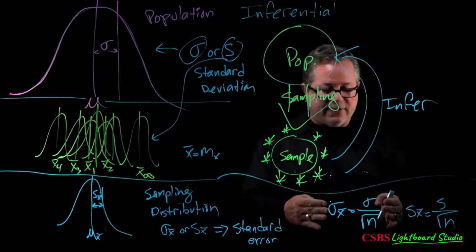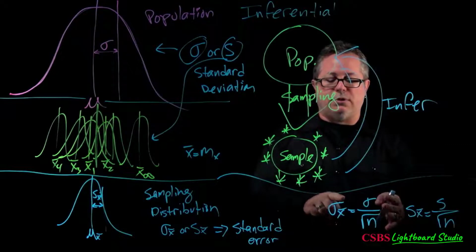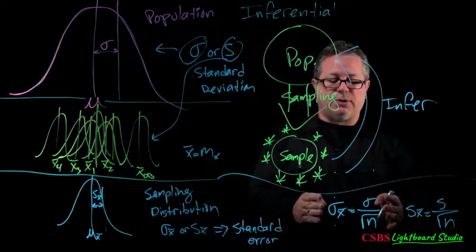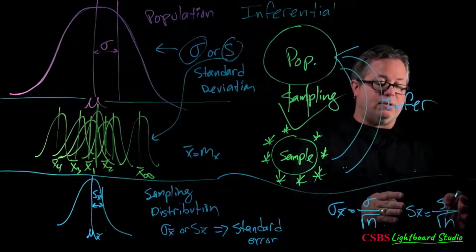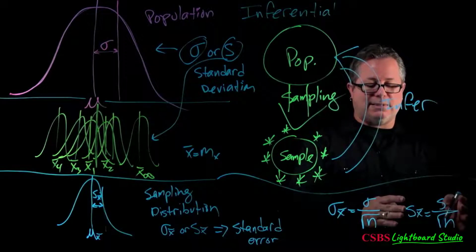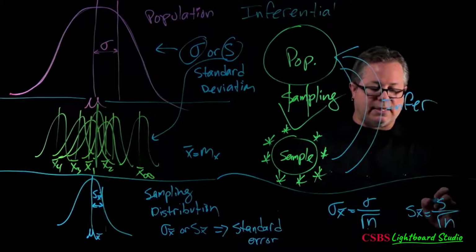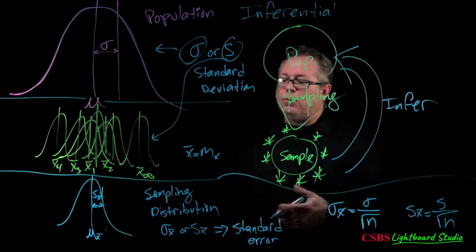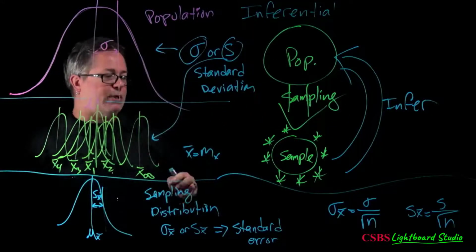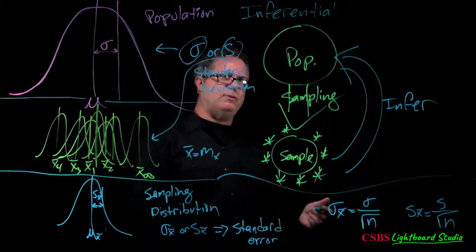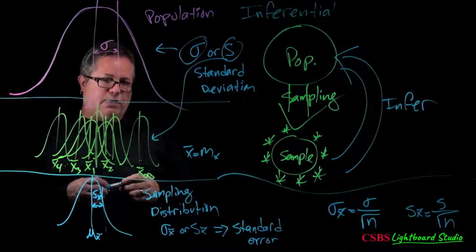When I know the standard deviation from the population, I'm going to do a z-test. When I don't, I'm going to end up using the sample-based one and do a t-test. The t adjusts for the fact that s is an estimate of sigma. Anyway, we can go on and on, but I wanted to take this brief aside and remind you, when we're talking about the sampling distribution of the mean, what is that even talking about? And how does this apply back to everything we're talking about here?